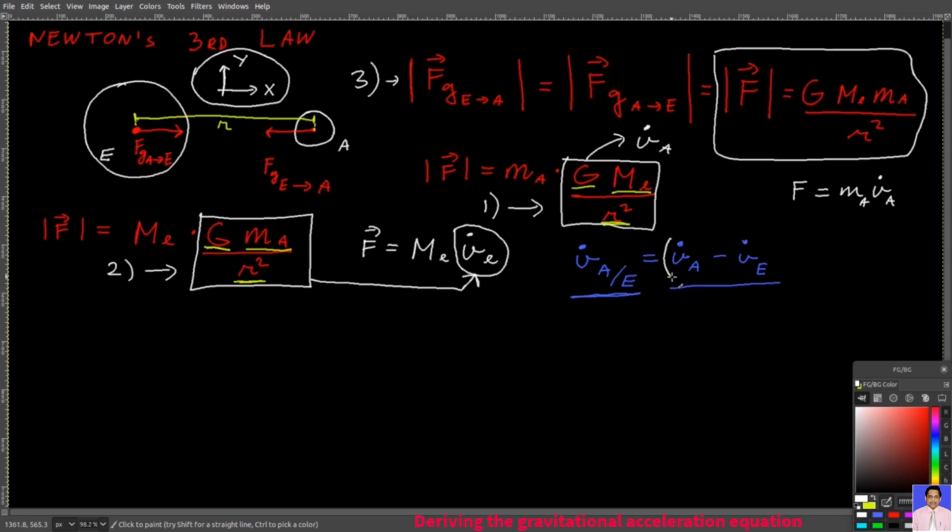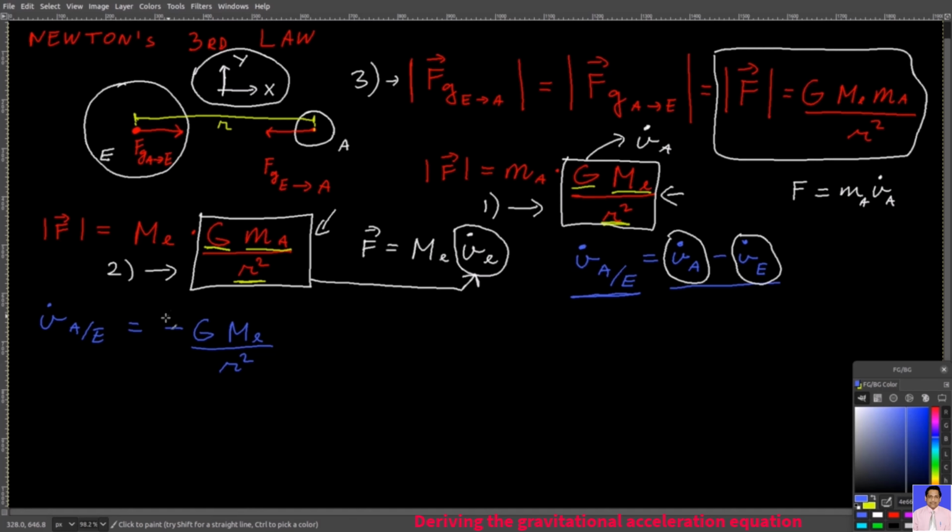And now, since you know this one and you know this one here, you can say that the acceleration of A relative to E equals minus G times the Earth's mass divided by r squared, which is this one here.